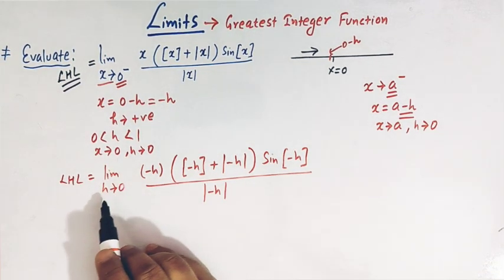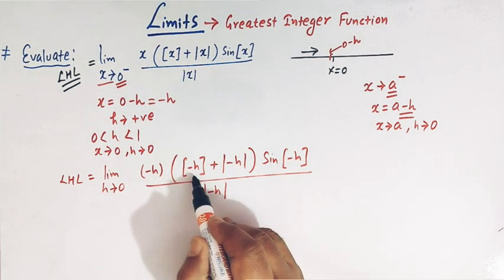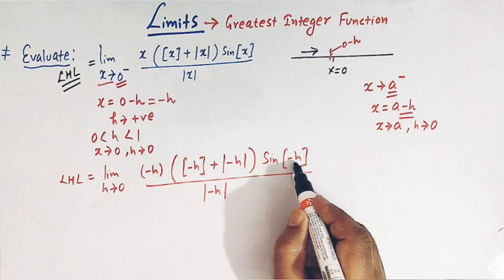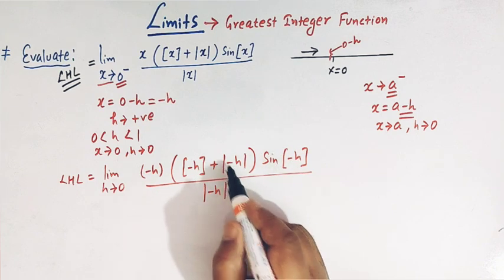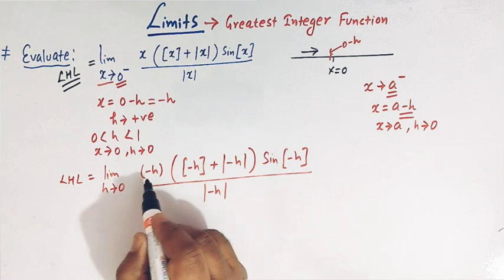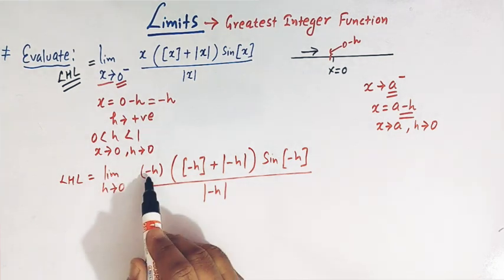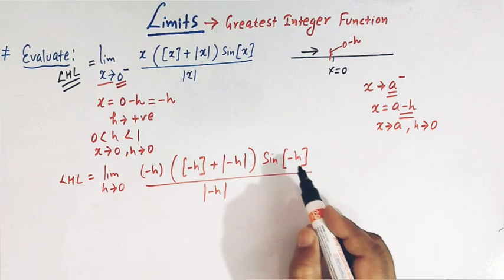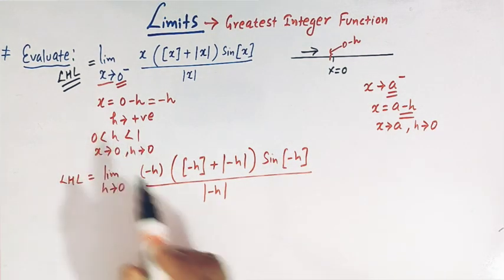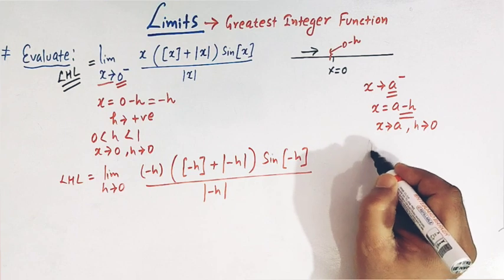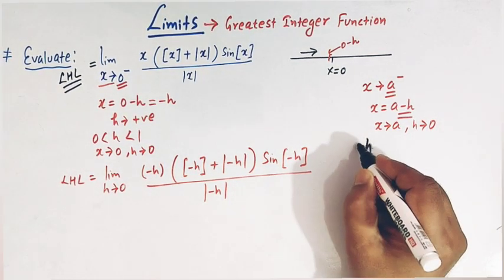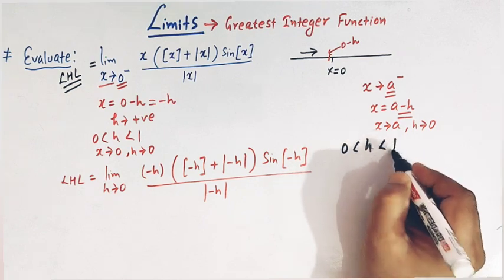So now see, here we have greatest integer of minus h, right? And here also we have greatest integer of minus h, and these two are mod of minus h, and here we simply have minus h, right? So now see, h lies between 0 and 1, right?